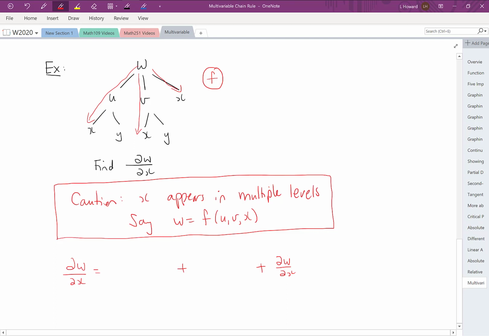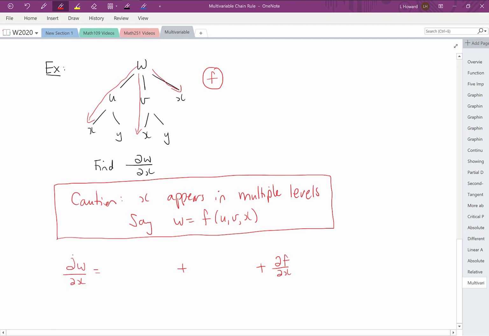So the proper thing to do here is to take this term on the right, and instead of calling it partial derivative of w with respect to x, we should actually call it partial derivative of f with respect to x. So rather than talking about the variable w, we're talking about the function that defines the variable w. Okay, and by doing that, that's going to remove this issue of using the symbol partial derivative of w with respect to x in two different ways.